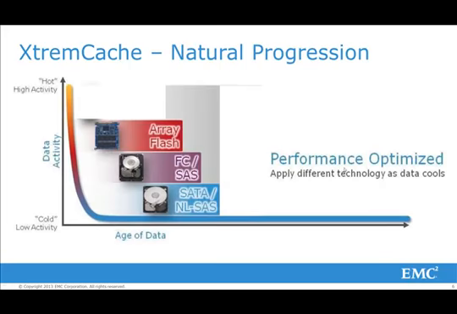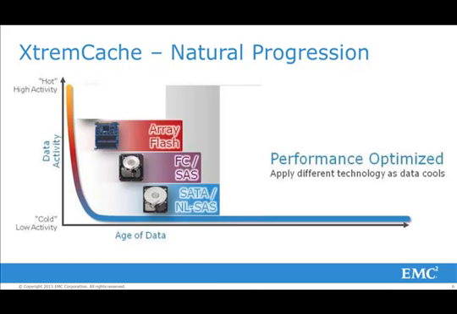When it comes down to it, XtremCache really is just a natural progression of storage acceleration. For ages, enterprise class intelligent arrays have offered tiers of storage ranging from high capacity slow SATA, nearline SAS, or 15K RPM Fibre Channel or SAS drives, or even array level flash assets such as enterprise flash drives or what have you.